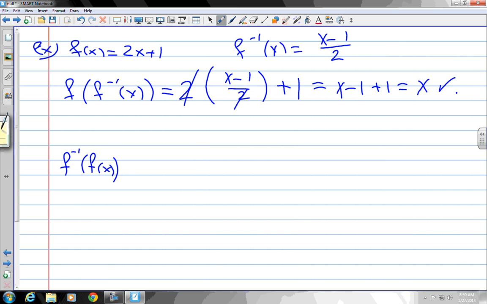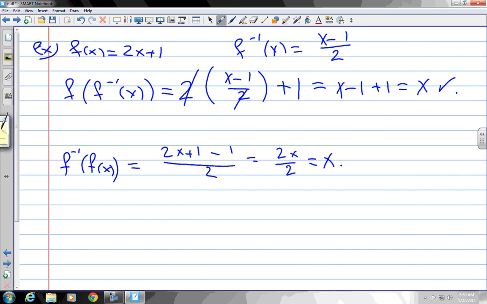Is that okay? If I do the composition the other way, it becomes 2x plus 1 minus 1 over 2. So I'm replacing the x in the inverse function with the function. So if you follow the order of operations, the 1's cancel, you're down to 2x over 2.